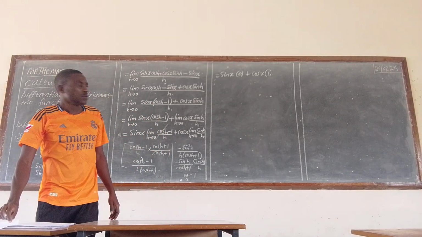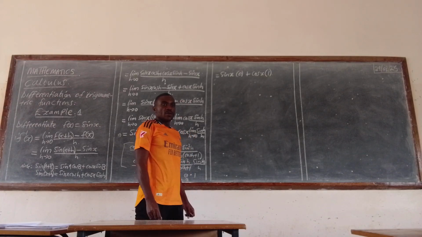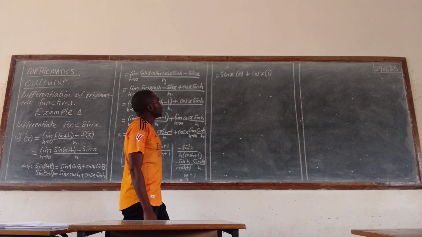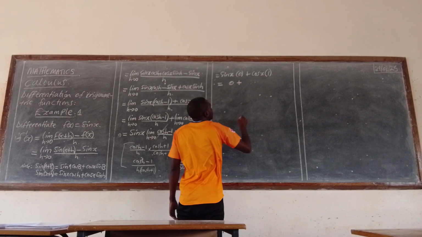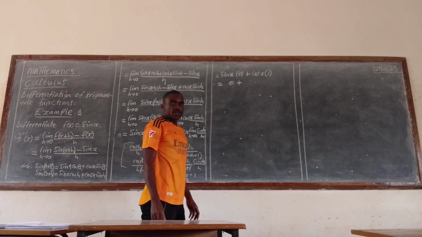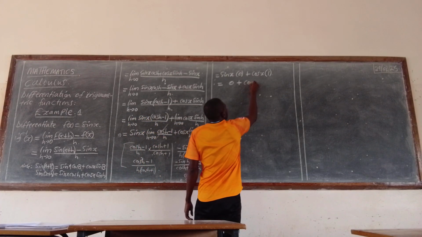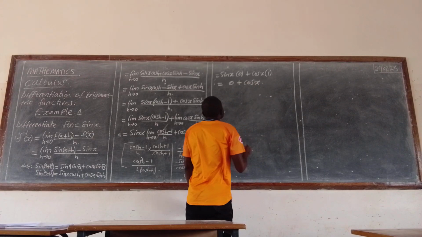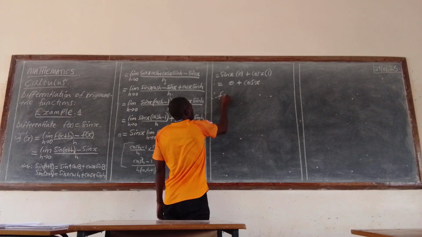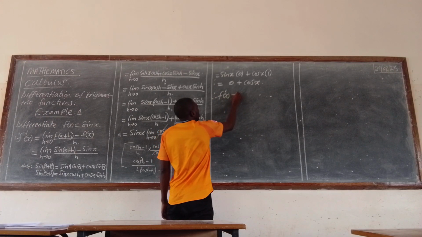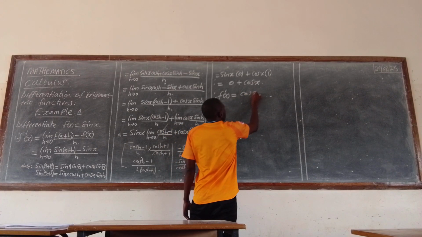Now, from this system, we know sin x multiplied by 0 is a 0, plus cos x multiplied by 1 is simply cos x. Therefore, f prime of x is equal to cos x.